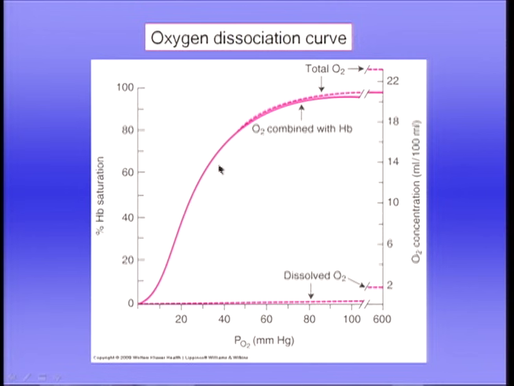The steep part of the curve is also useful because in venous blood, when you extract oxygen, the fall in PO2 for a given amount of oxygen extracted is relatively small. So that's also advantageous.